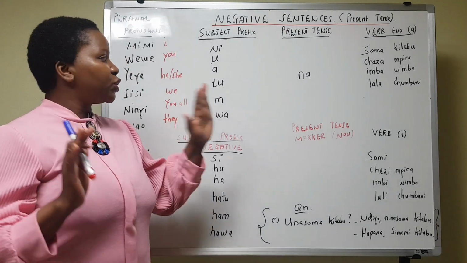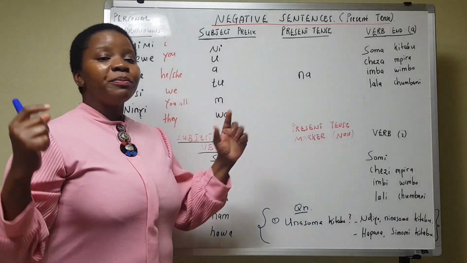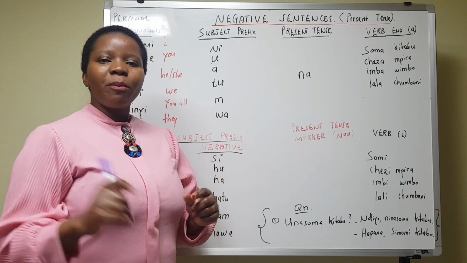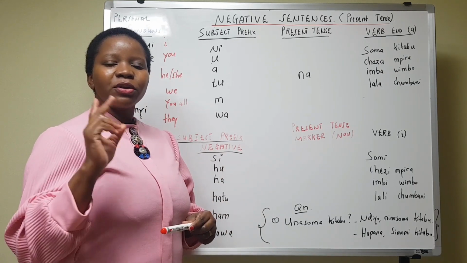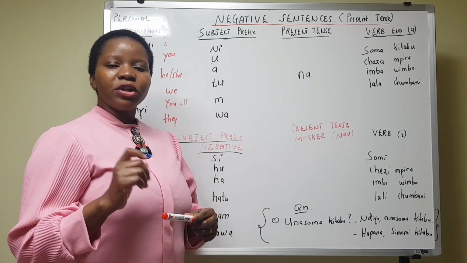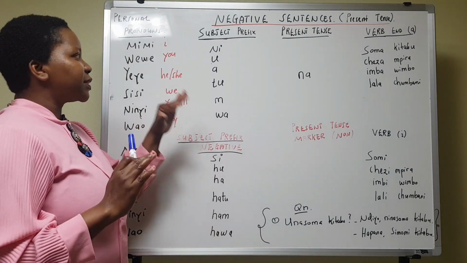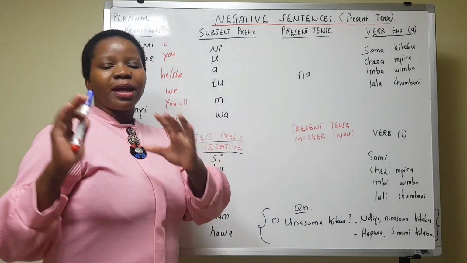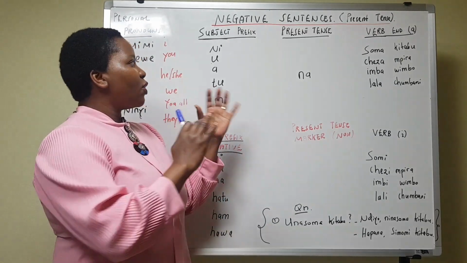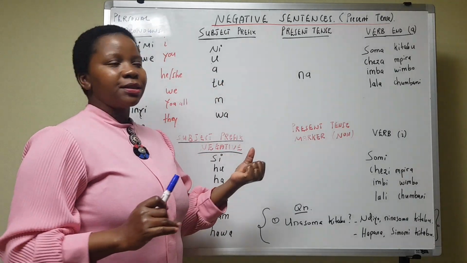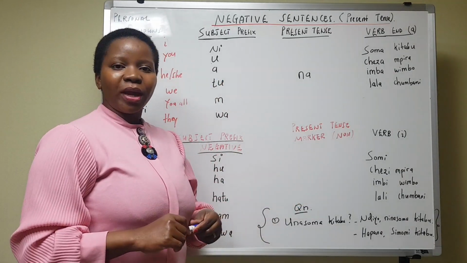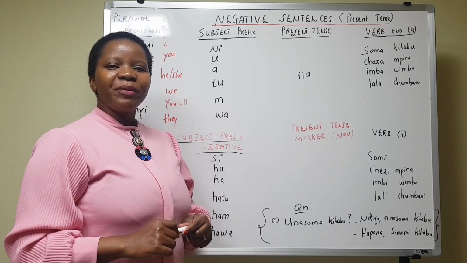You have to pause this video and go back to those two videos and watch. Then after you finish, please come back to this video so that you can have the foundation of how to make these sentences into a positive and into a negative form, okay?